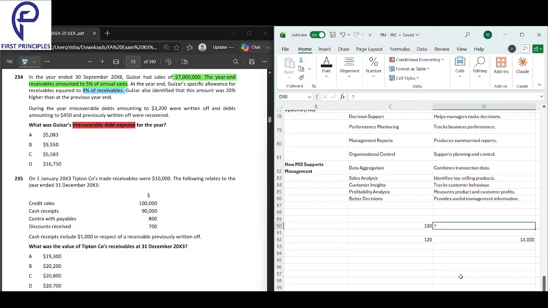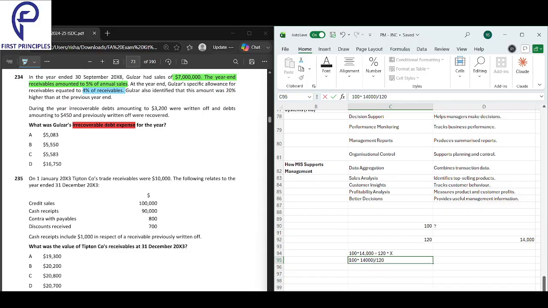You cross multiply, so 100 into 14,000 is equal to 120 into x. Leave the x as it is. So you do 100 into 14,000 divided by 120.